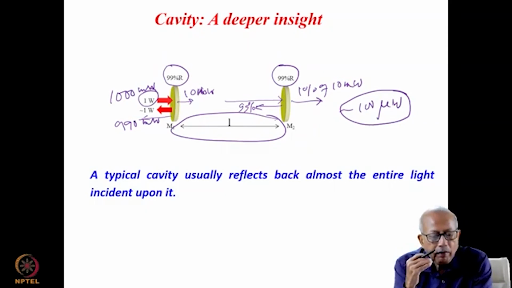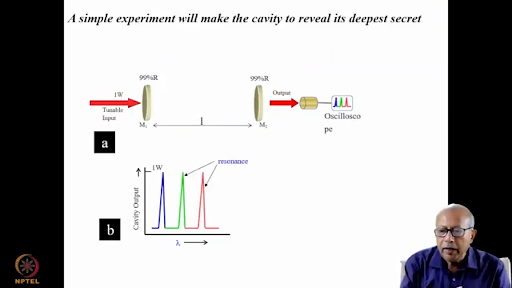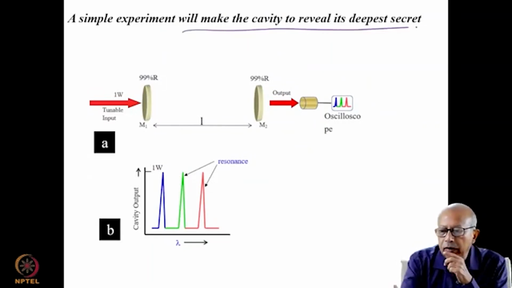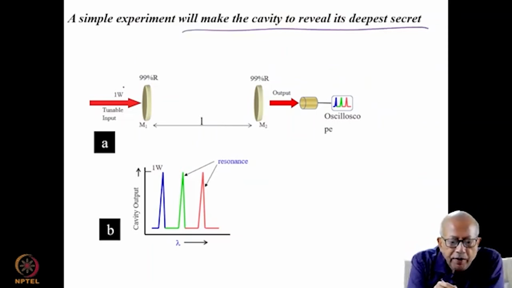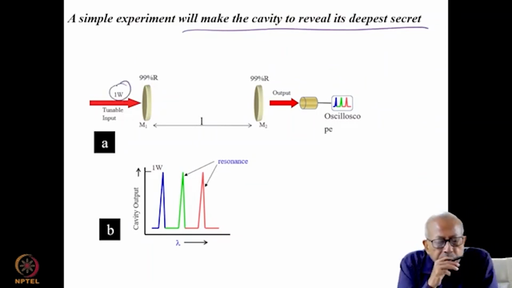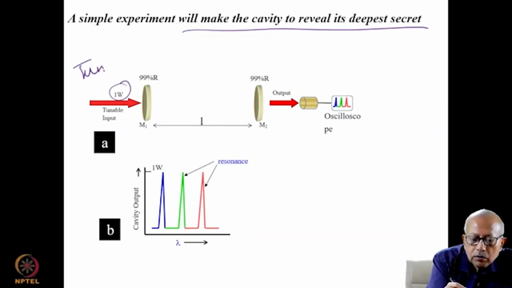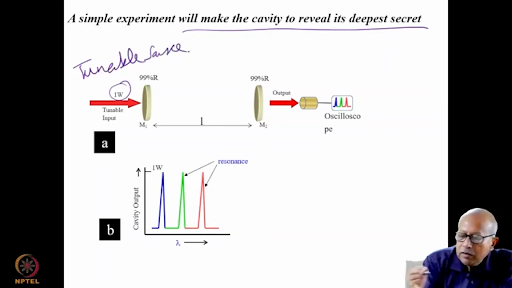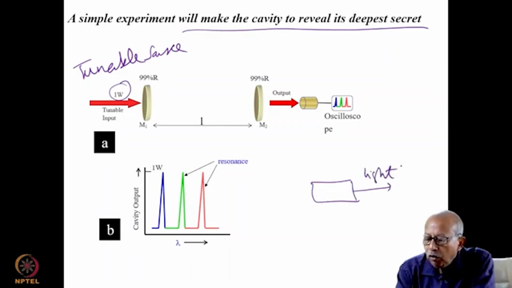Well, a very simple experiment will make the cavity reveal its deepest secret. For this experiment, we derive this light beam of 1 watt from a tunable source. A tunable source is one that gives out light of continuously tunable wavelength.